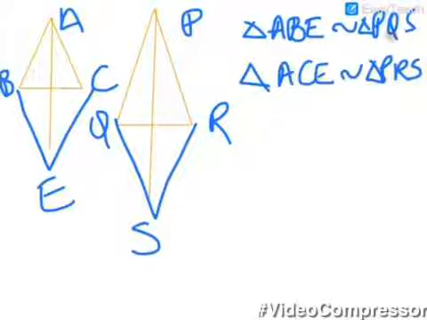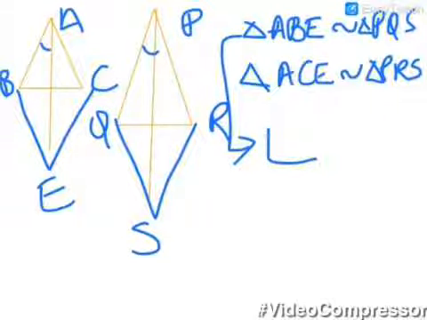Since ABE is similar to PQS, when similar the angles will be equal, that is this part of angle A is equal to this part. Based on this result we can write angle BAE is equal to, here in place of BAE, what is there?